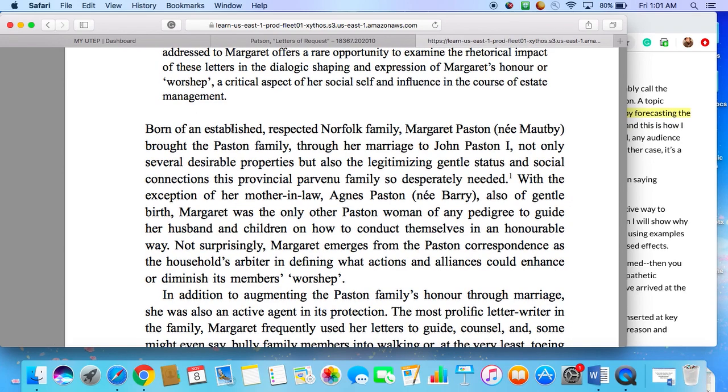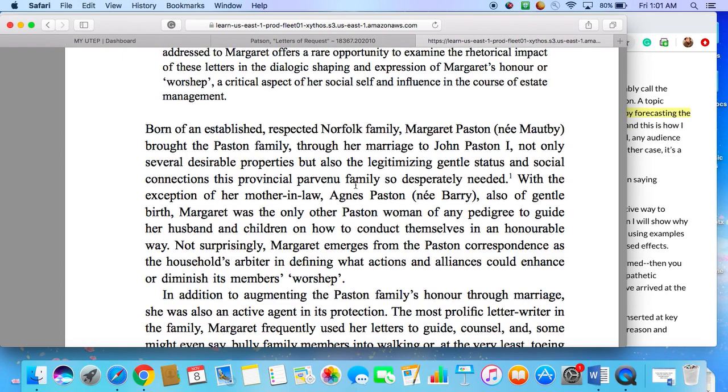Born of an established, respected Norfolk family, Margaret Pattenson brought the Pattenson family, through her marriage to John Pattenson I, not only several desirable properties, but also the legitimizing gentle status and social connections this provincial parvenu family so desperately needed.